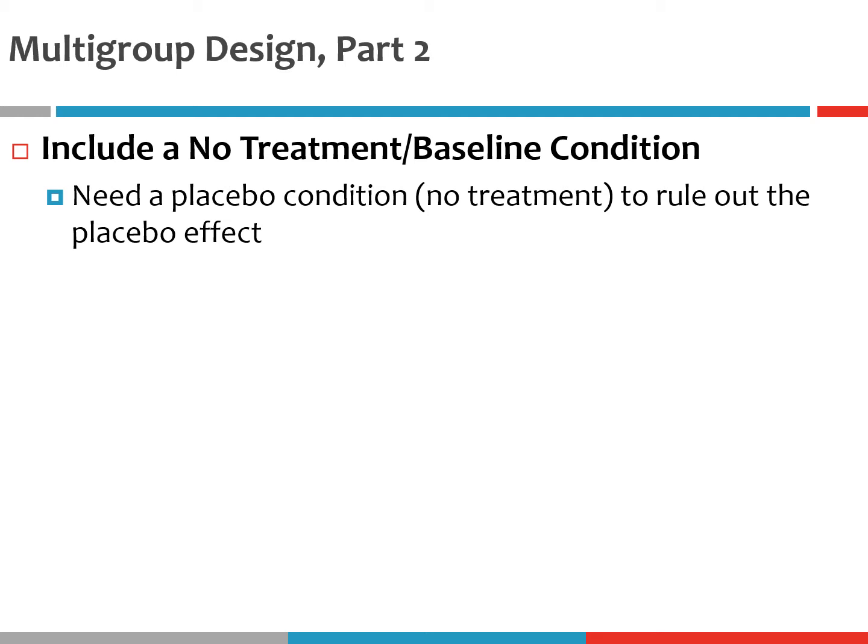If you're running a drug study, you want to have a placebo because the placebo is kind of what the patient or the participant in your study expects to happen. So the act of taking a pill and actually believing that it's the real treatment has a very big effect on the outcome, on the dependent variable, on the behavior you're measuring. For example, if you're studying depression and you give someone a placebo and they're convinced that they're getting the real drug, right?